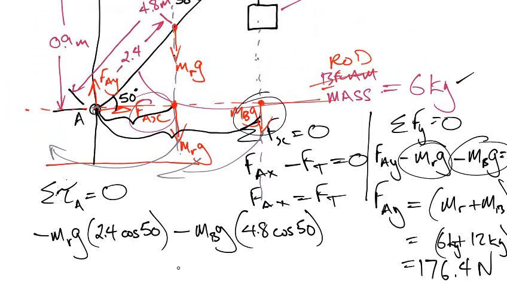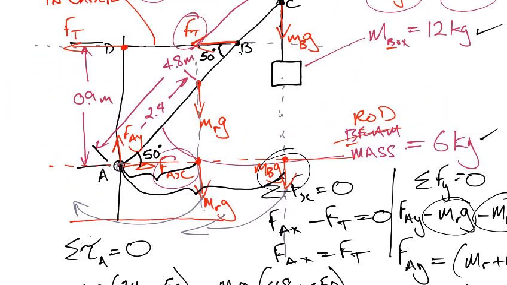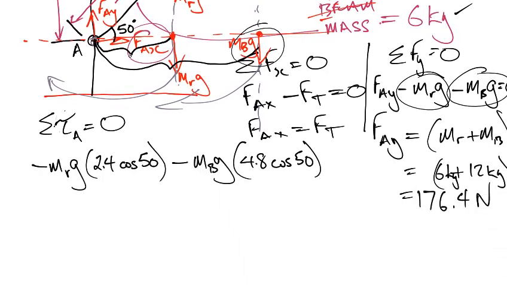Then, the only other force that I have left is FT. And FT is acting right here, which is given in the problem as being 0.9 meters away. So I would say plus FT times 0.9 meters, and that's all going to equal 0 because there's 3 forces.